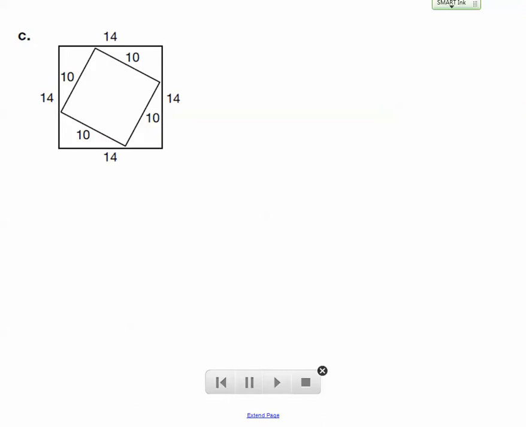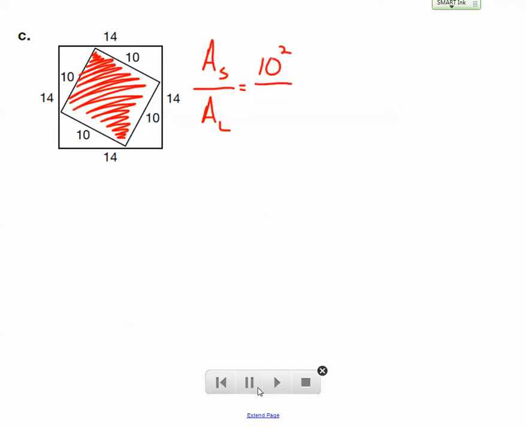Okay, same thing here. We're trying to find the probability that it'll land in this 10 by 10 square, given that it's going to land in the 14 by 14 square. So we'll do the area of the smaller one divided by the area of the larger. So we got 10 times 10, and we got 14 times 14.